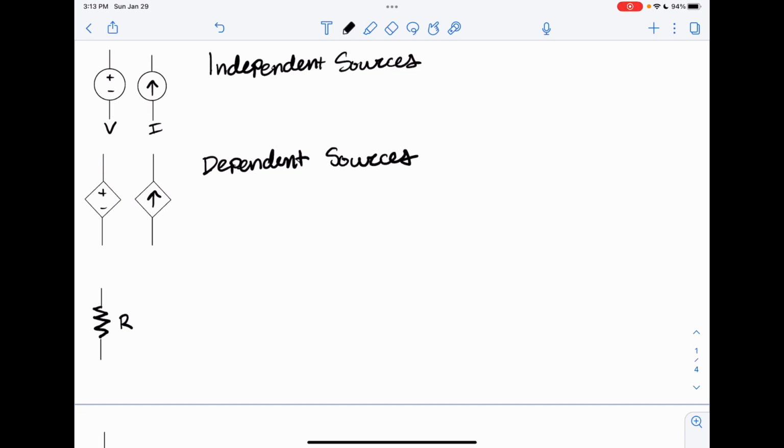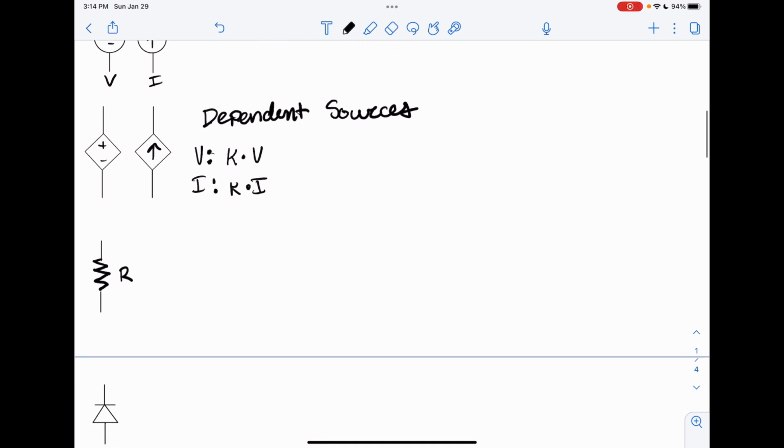For simplicity's sake, for a voltage source, it's K times some other V in the circuit, or for a current source, it's K times some other I in the circuit. We will be seeing quite a few of those, particularly when we get to transistors.